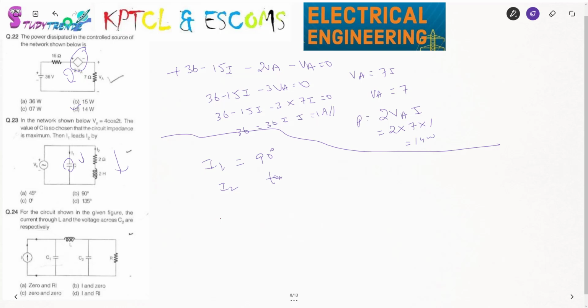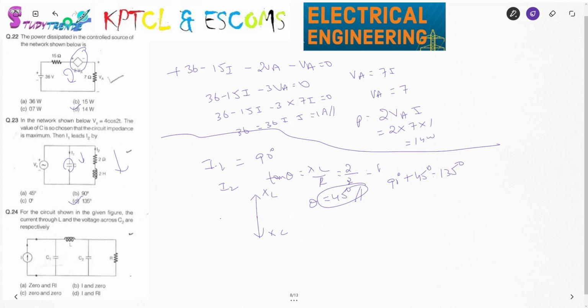So we already know tan theta is equal to XL by R. So 2 by 2, which is equal to 1. So theta is equal to 45 degree. Now XL is like this, XC is like this because they are opposite to each other. Already XL is lagging by 45 and XC is giving you 90 degree lead. So 90 plus 45, which is equal to 135 degree.